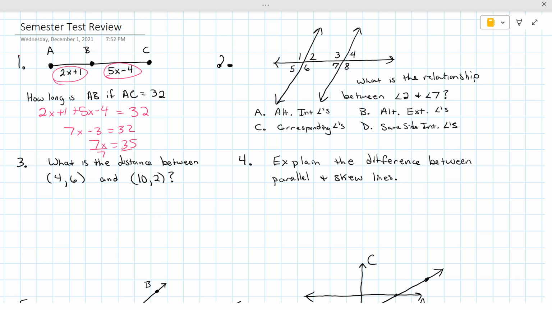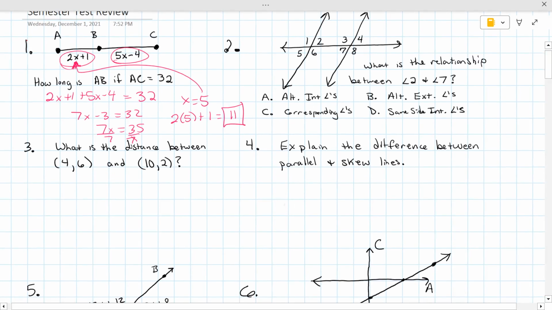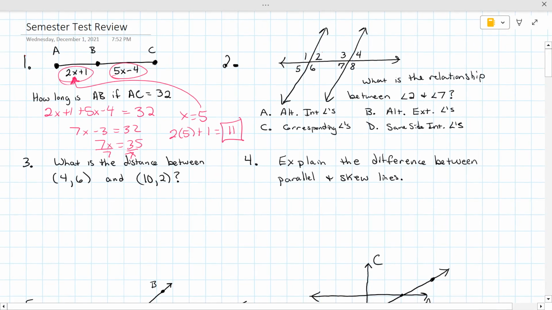Divide by 7. X equals 5. We want to know how long AB is, so you put the 5 in there. 2 times 5 is 10 plus 1 is 11. 11 is the answer.